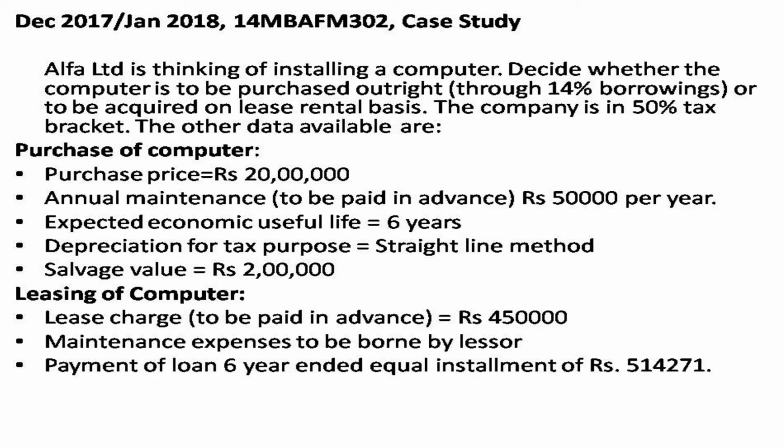So the problem is clear: they are asking whether it has to be purchased or whether it has to be taken on lease. The cost of borrowing is 14%. The company is in the tax bracket of 50%.